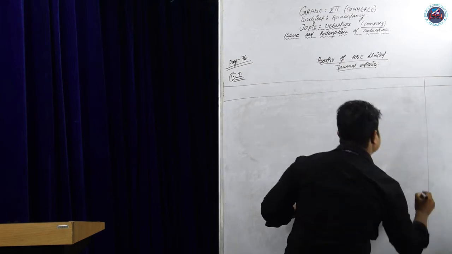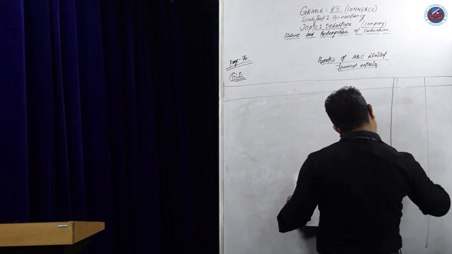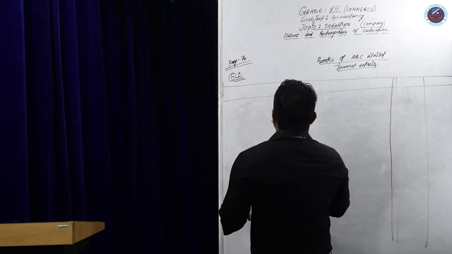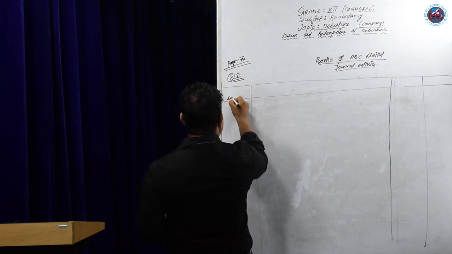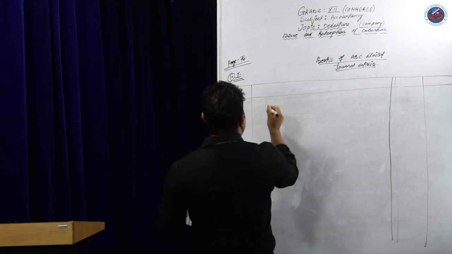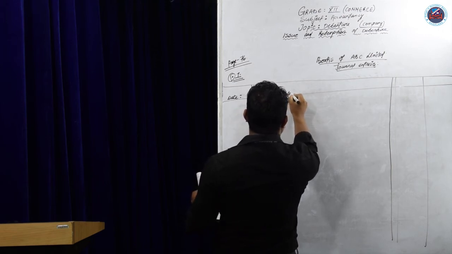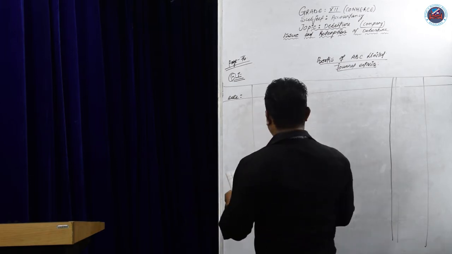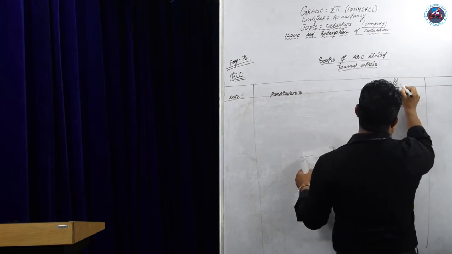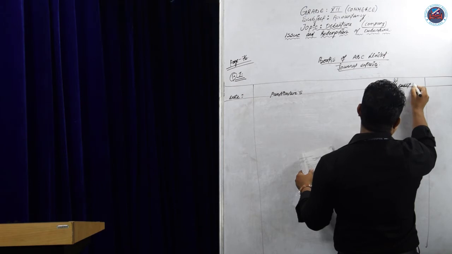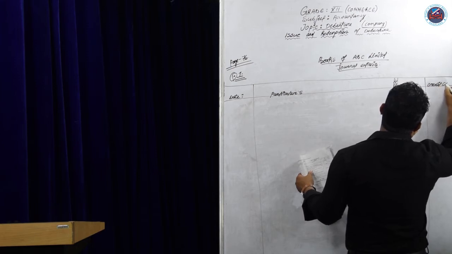Make it: date, particulars, LF, debit in rupees, credit in rupees. That is journal entries.